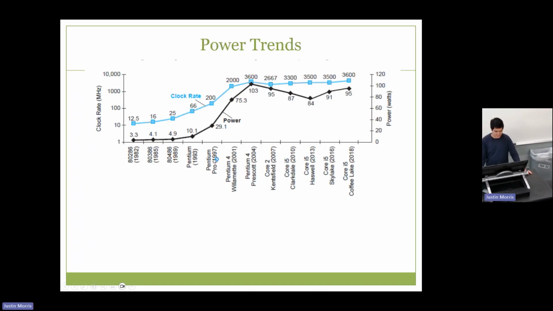All right, so power trends. We're going back to the 80s with these charts, ending in 2018. The first thing you can notice here is the blue line is clock rates, the black line is power, and power is highly related to your clock rate or your cycle time.